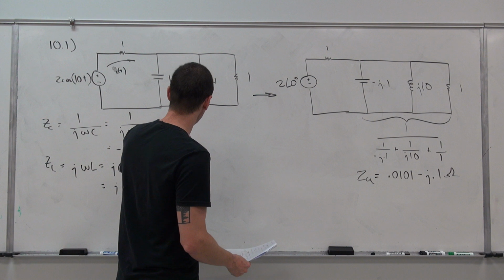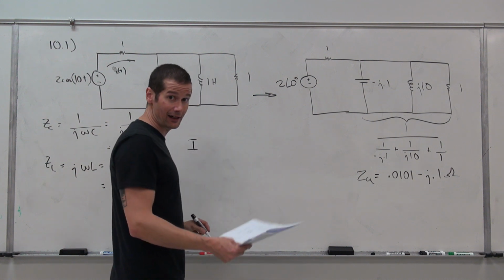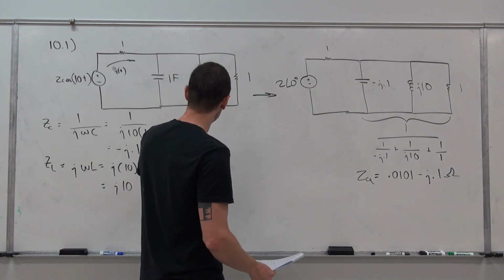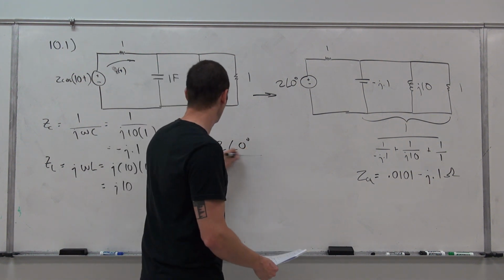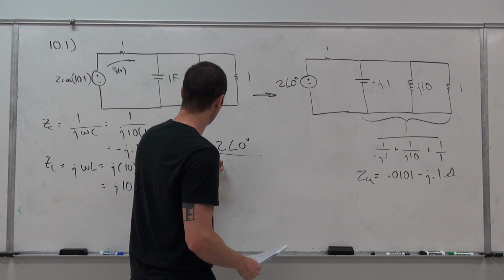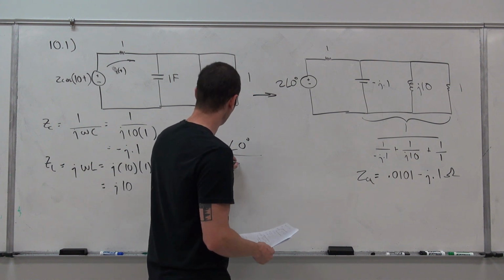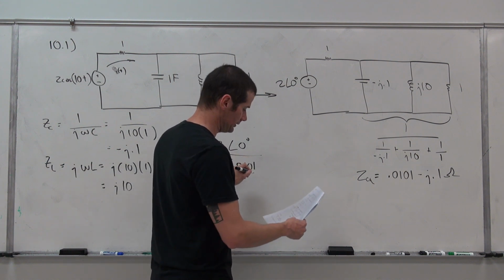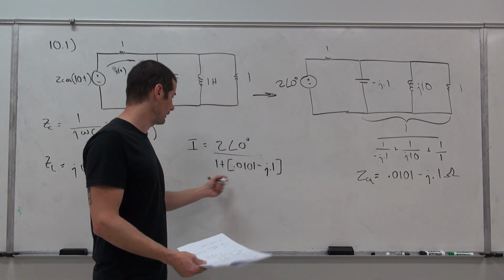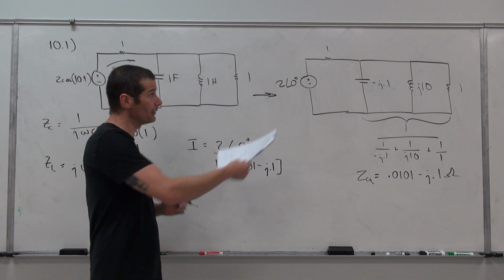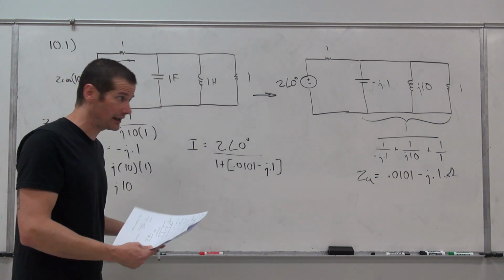And so the source current, capital I, is equal to 2 at an angle of 0 degrees divided by 1 plus 0.0101 minus j0.1 ohms. So that was the equivalent impedance in series once we actually combined parallel branches together.